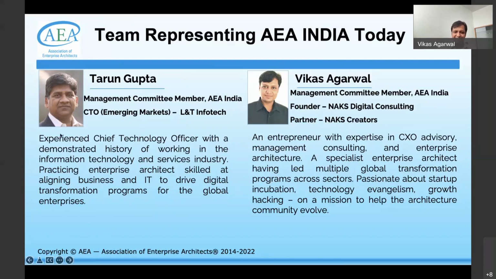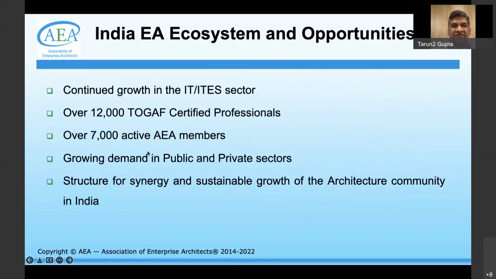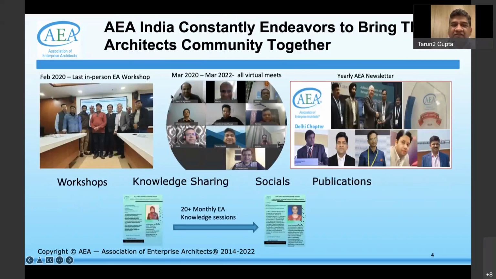So let's go through the journey of how we have grown in AEA India. We have a vibrant community of 7,000 active AEA members out of 12,000 TOGAF certified members. This community is growing, and we are one of the largest communities across the world. We see a big demand in the Indian IT sectors, especially in the public and private sectors.